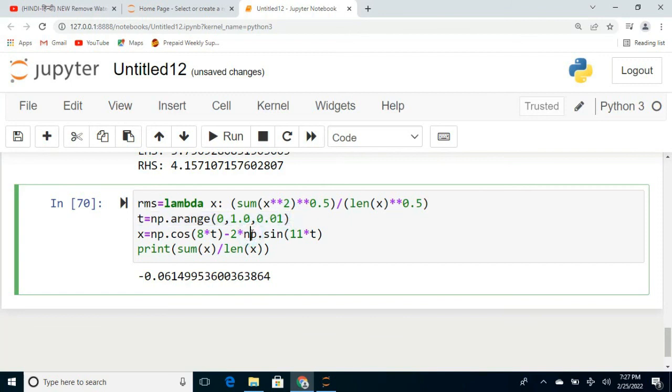Okay, so we are finding the root mean square. To find it, first of all we will define the function.